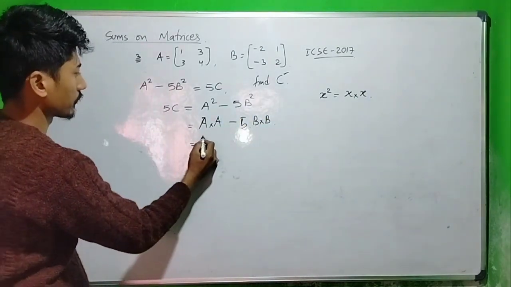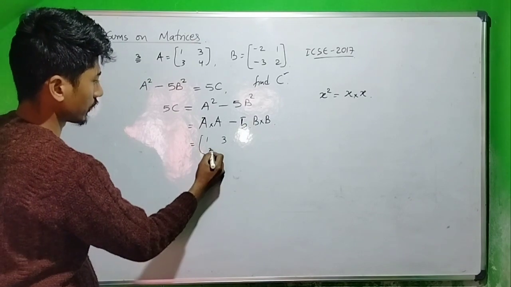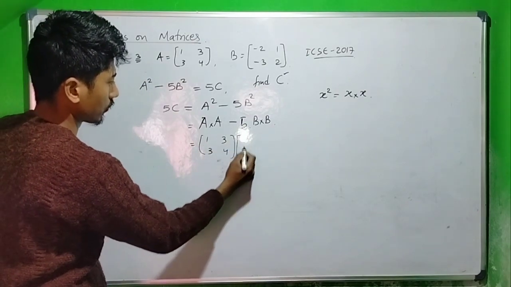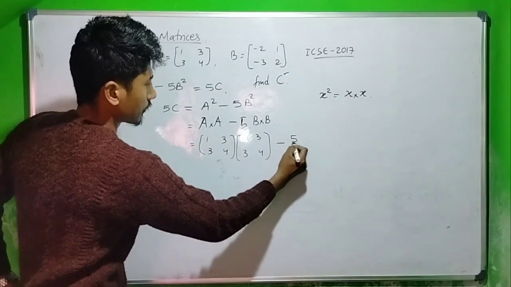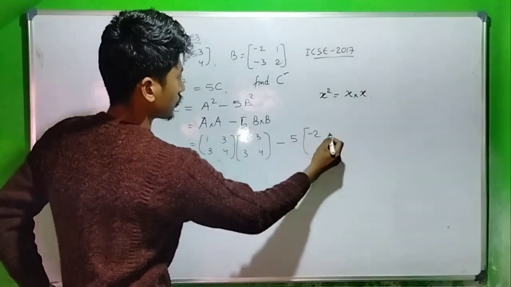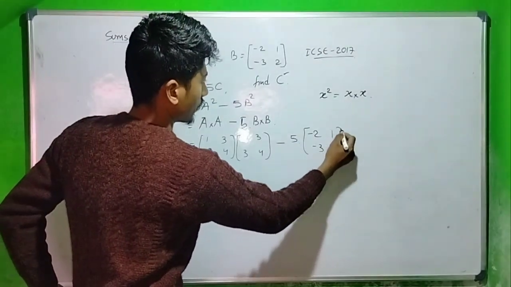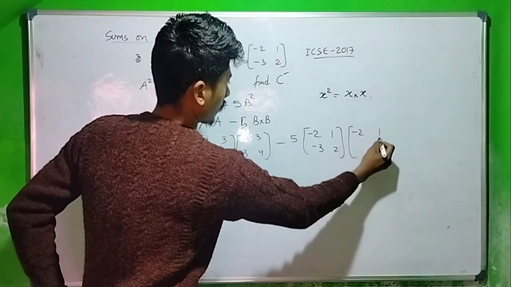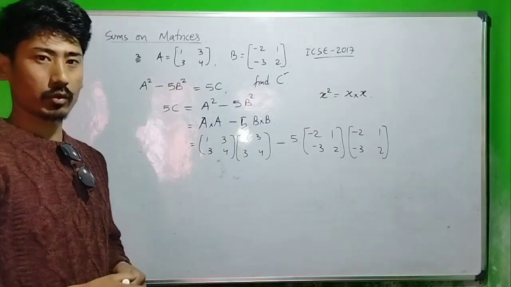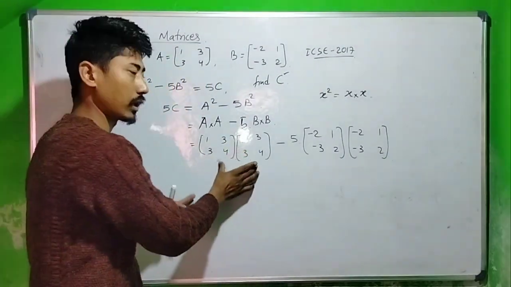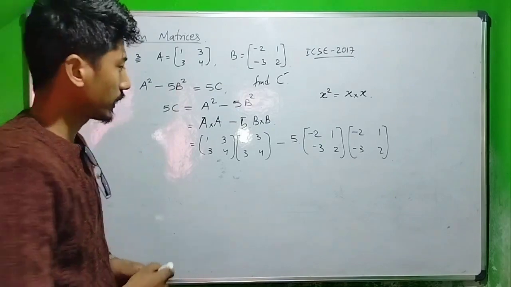Now we'll put the values of A, that is 1, 3, 3, 4 and 1, 3, 3, 4, minus 5 times of -2, 1, -3, 2 and -2, 1, -3, 2. Now before multiplication we have to check whether these two are multiplicable or not.